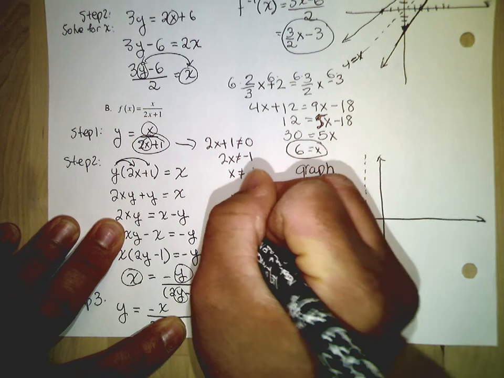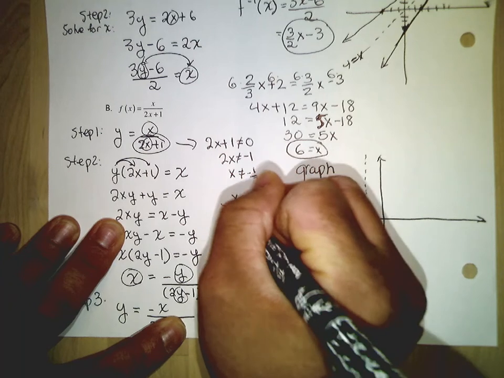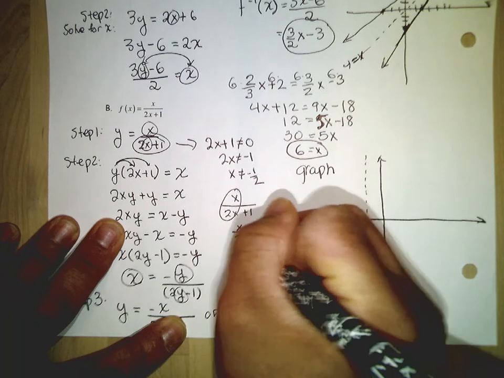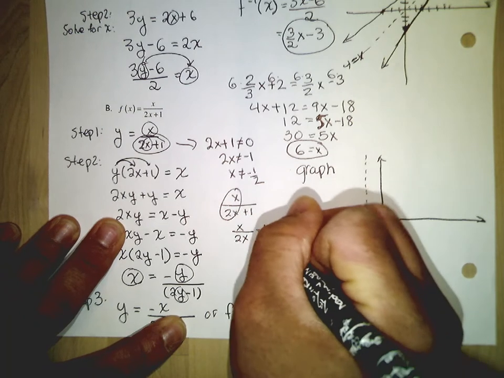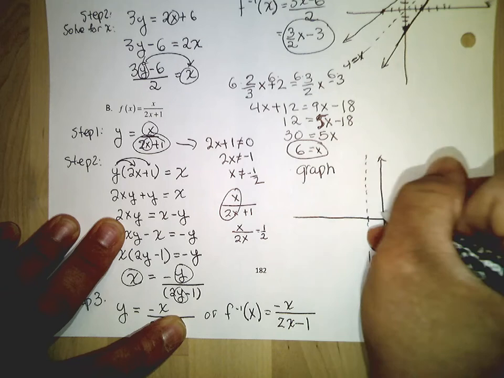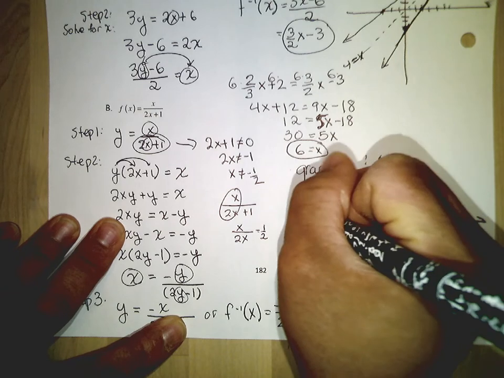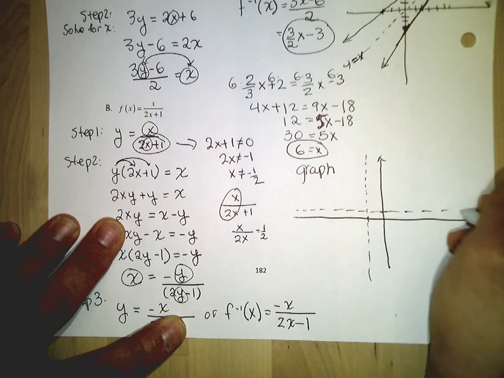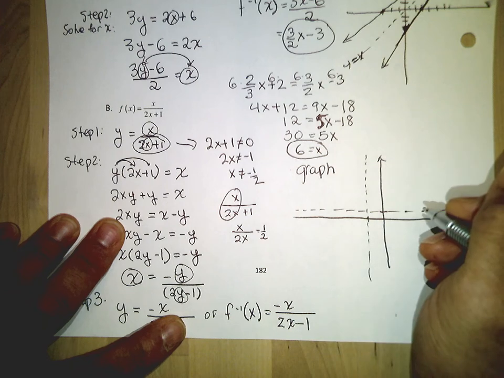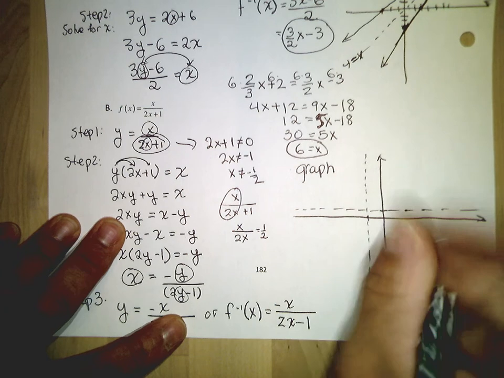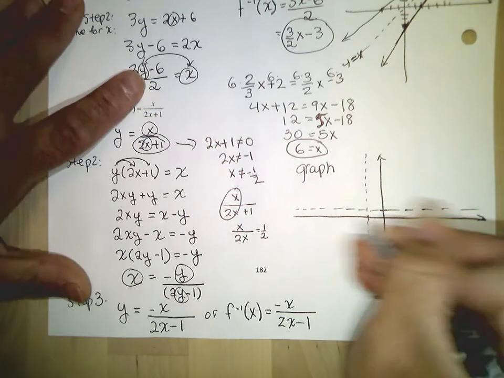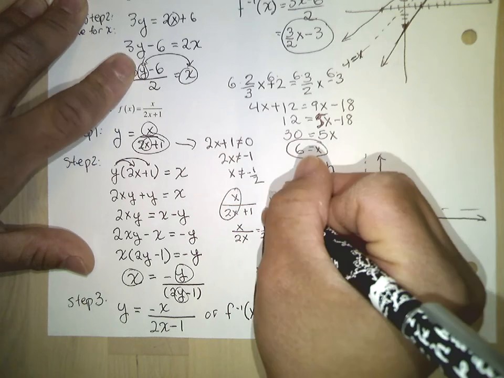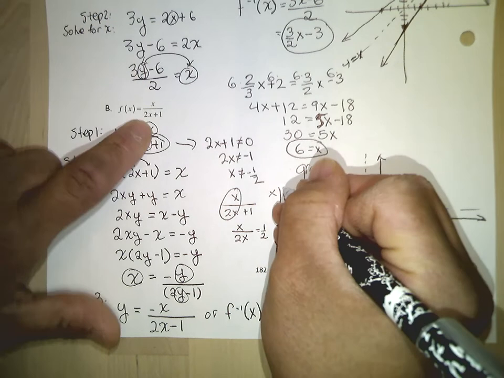If I look at the ratio of the highest power terms in the numerator and denominator, x over 2x, that will be a half, then that will give me the value of a horizontal asymptote, a value that the graph cannot approach. And then from there, you can pick a couple of points on the graph.